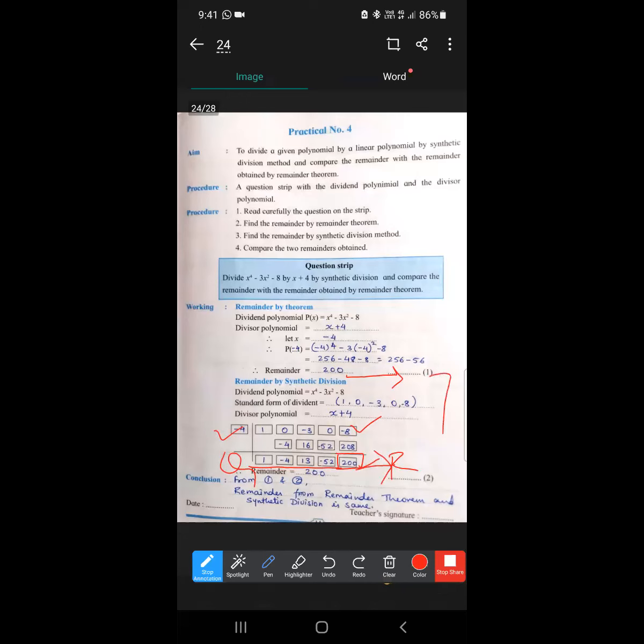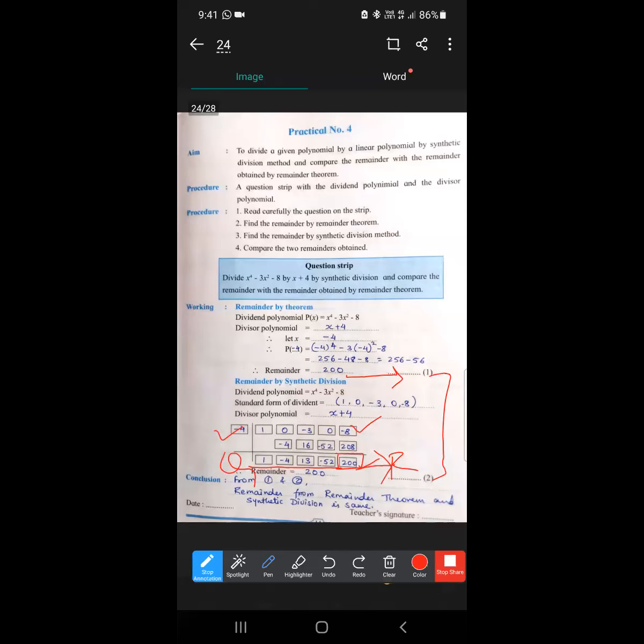So from 1 and 2, what we have observed is that whatever method we apply, whether it is the remainder theorem or synthetic division, you will get the same remainder.